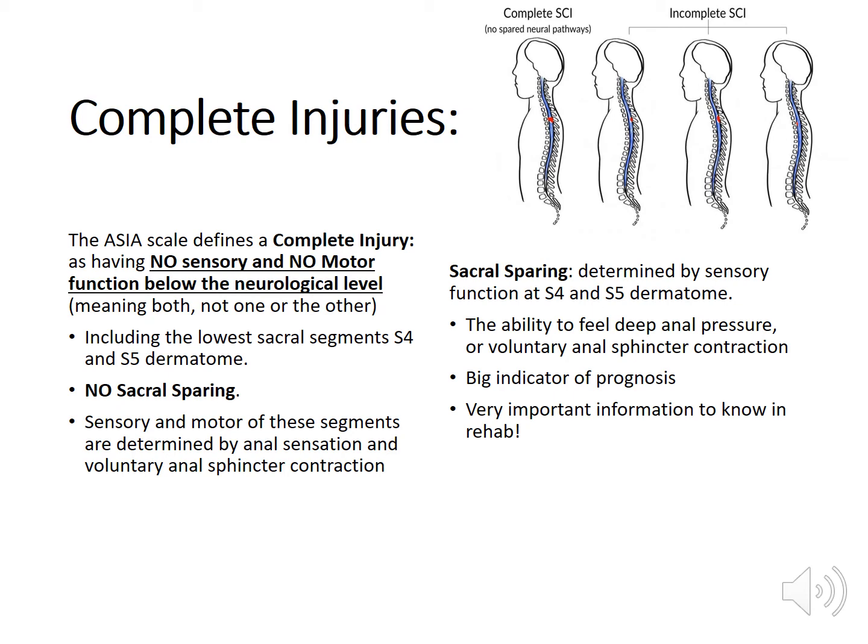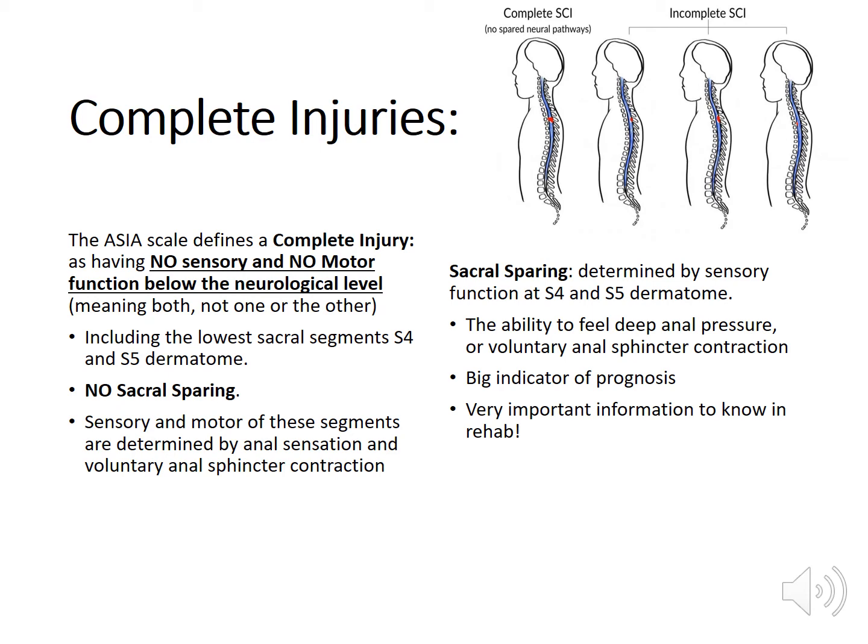So sacral sparing is determined by the function at the S4 and S5 dermatomes. If there is sacral sparing, the patient is able to feel deep anal pressure or voluntarily contract the anal sphincter. This may be a big indicator of how good a prognosis the patient has, and it's very important information to know in rehabilitation.